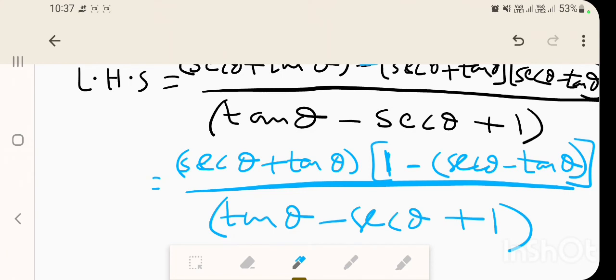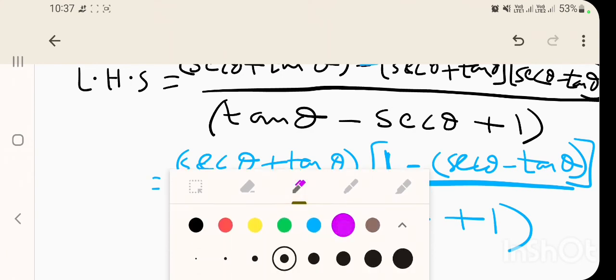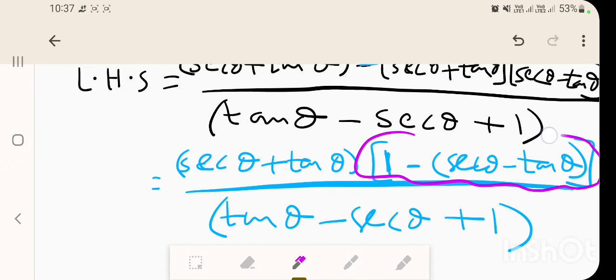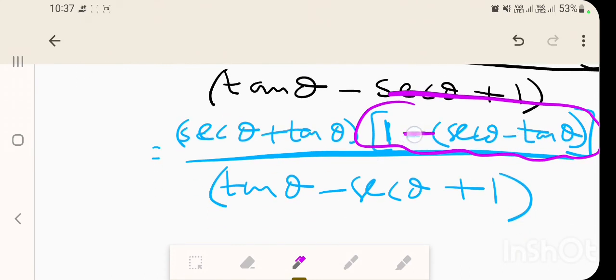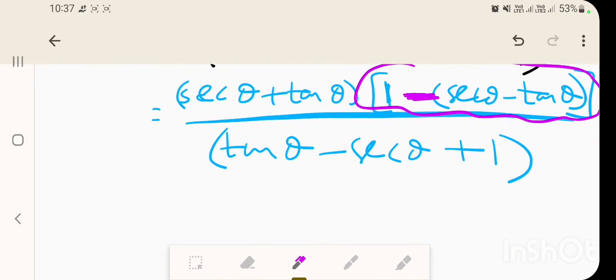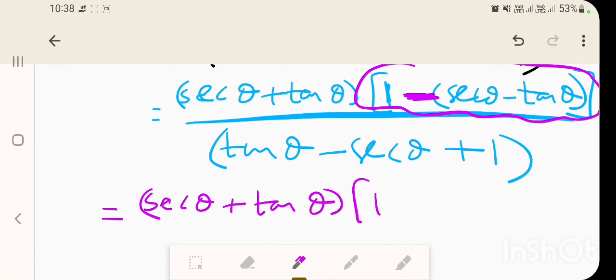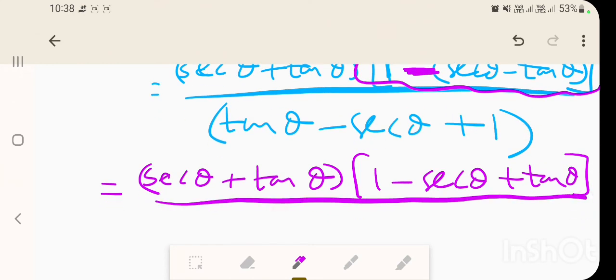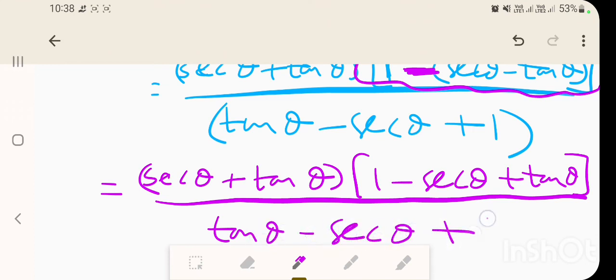If you observe, in the term 1 minus secant theta minus tan theta, this minus we take inside the brackets, so it becomes 1 minus secant theta plus tan theta, whole divided by tan theta minus secant theta plus 1.